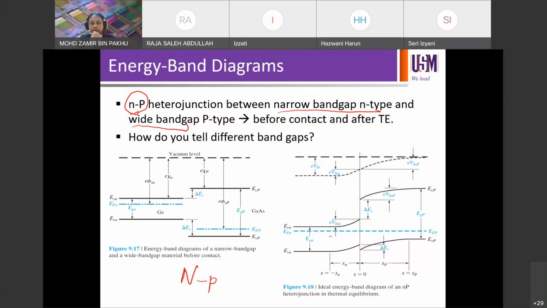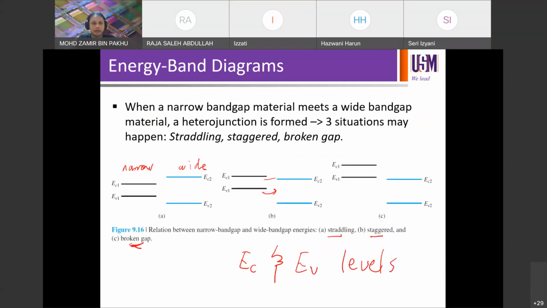So let's have a look at the band diagrams before the contact and after the contact, after thermal equilibrium to be more specific. If you look at the band diagram on the left, which is the case for this? Is it straddling, staggered, or broken gap? Look at the band diagram on the left and compare this.